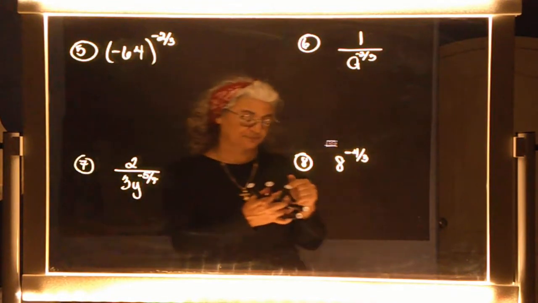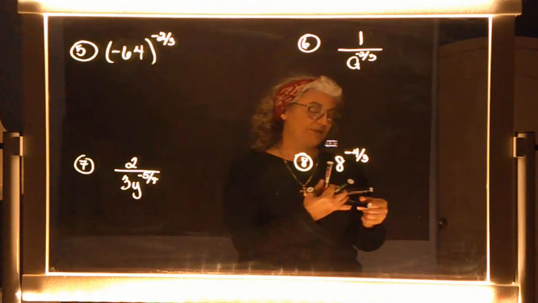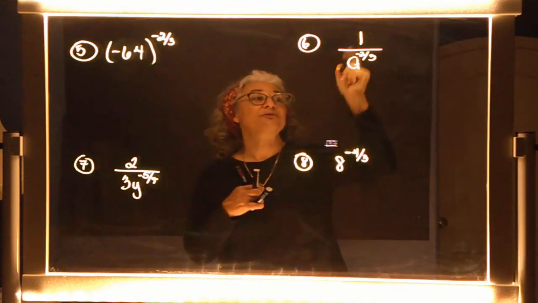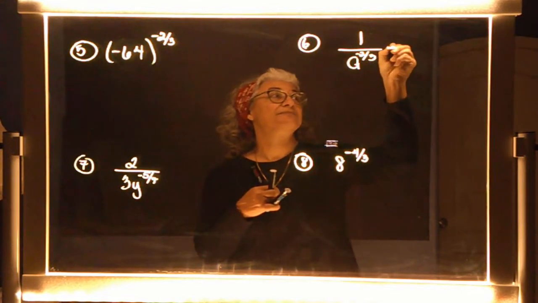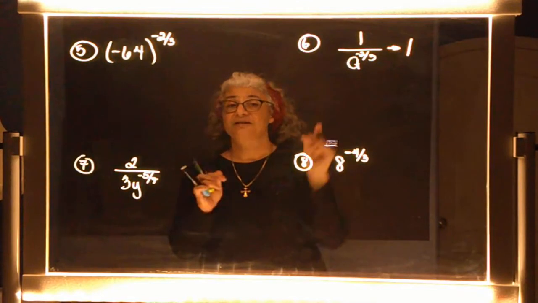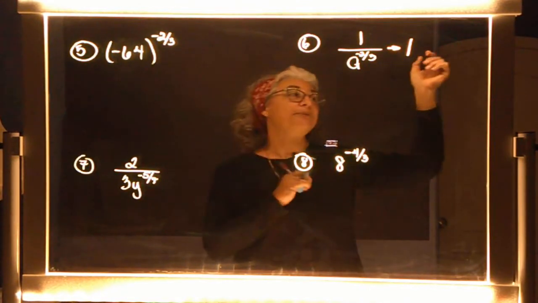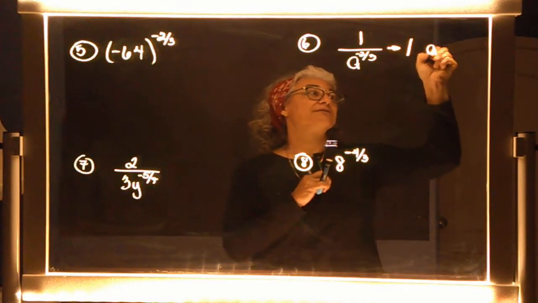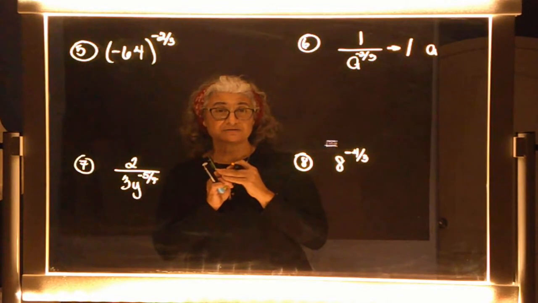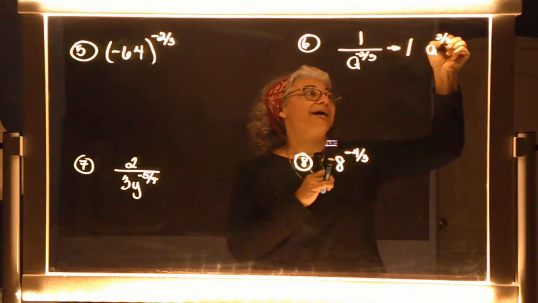So, the a is going to move. And the 1, though, stays in place because the 1 doesn't have a negative exponent, so it stays in place. The a is going to pop to the top, so to speak. And when you move it to the top, the power is now going to be positive because it's a happy camper.